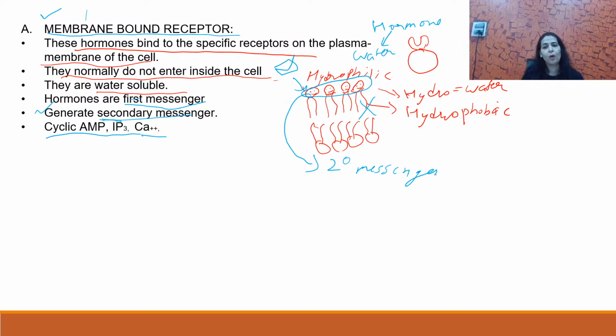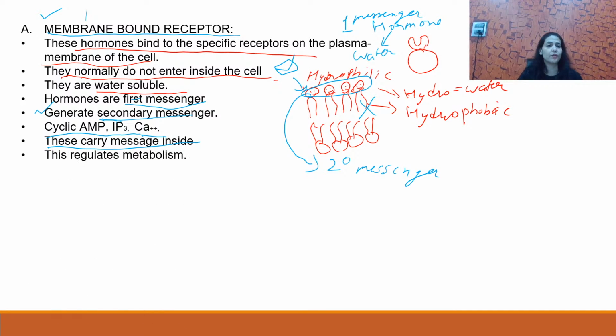So here hormone acts as our first messenger. Are you getting it? They carry the message inside the cell because hormone cannot enter. So second messenger carries the message inside.